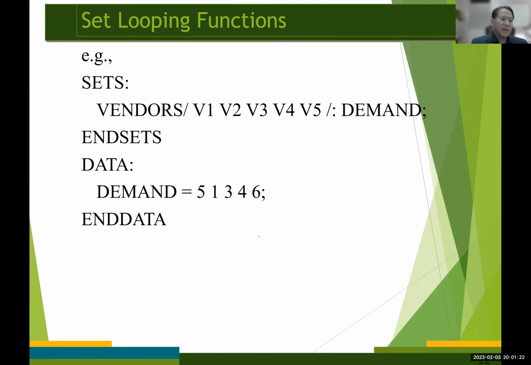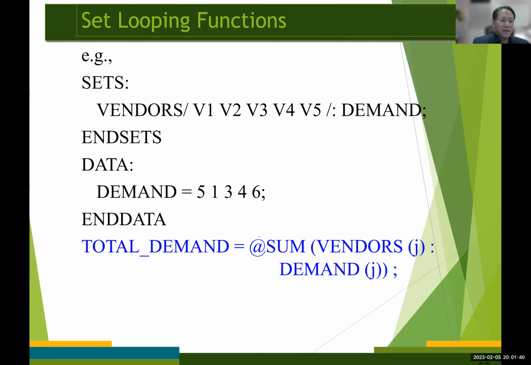Okay, so for example, in this case, each vendor of the vendor set has a corresponding demand, right? So we could sum up the values of the demand attribute by adding this expression after the data section, right? And the corresponding math formulation would be like total demand is equal to the sum over demand J, right?